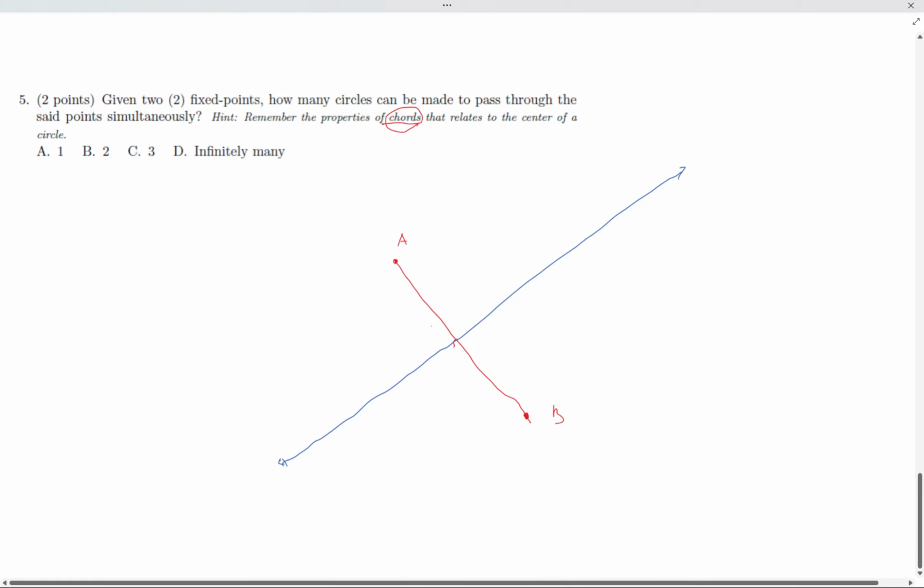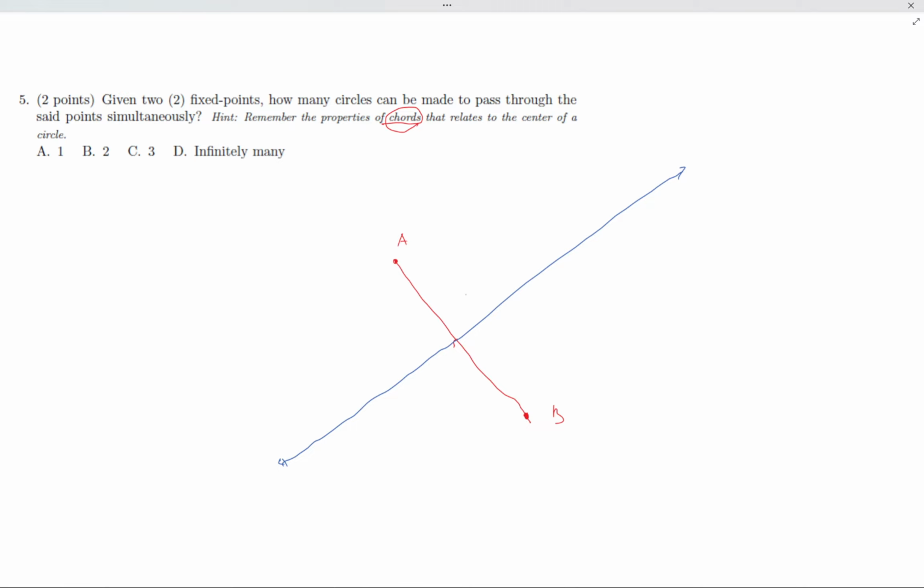We have this perpendicular bisector of A and B, colored in blue, and remember what we said during our discussion is that this perpendicular bisector will contain the center of the circle passing through the said 2 points.